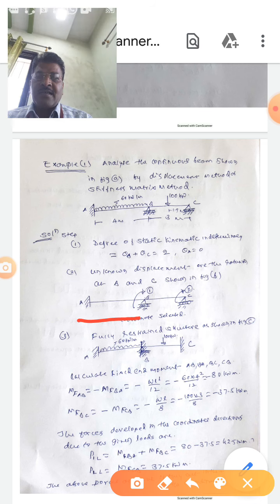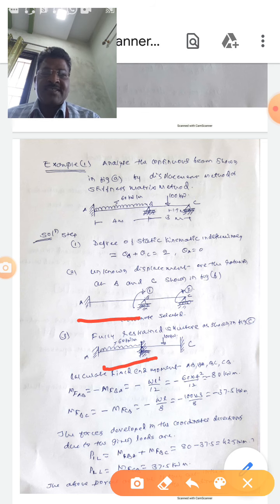And the next point is 3. The structure is fully restrained, as shown in figure C, that is A, B, C are fully restrained, which means we consider them as fixed.